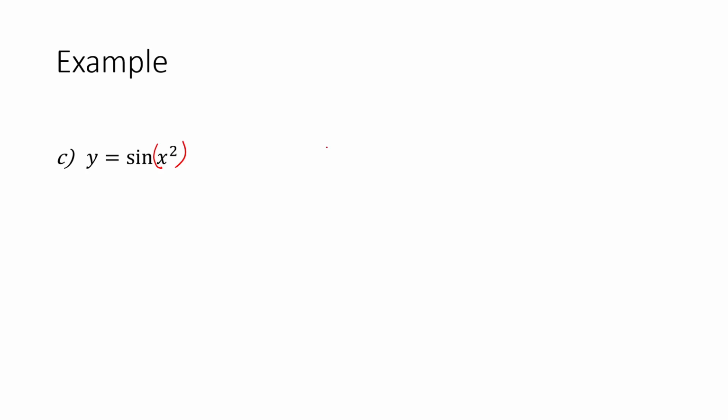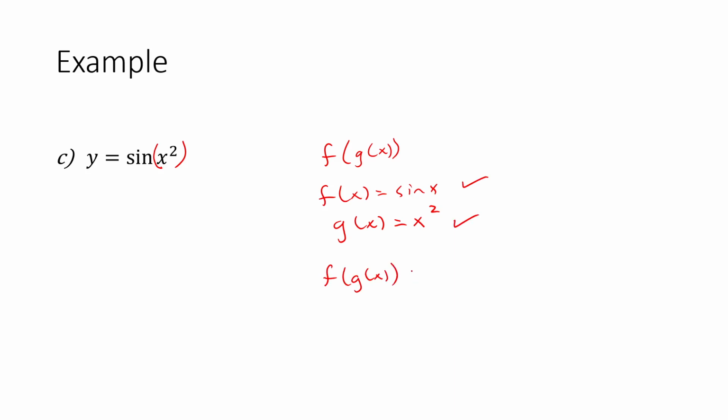For those of you who are purists, we can think of this as f of g of x, where f of x is equal to sine x, and g of x is equal to x squared. Then what we actually have here is f of g of x, literally the sine of x squared.